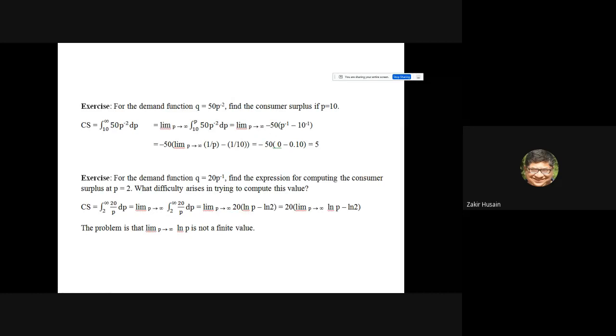Okay, so let's apply this. I'm just saying this part, but let's go for an application which will be easier to understand. So we have a demand function with a is 50 and epsilon is 2, and the price is P equal to 10. So what is the consumer surplus?